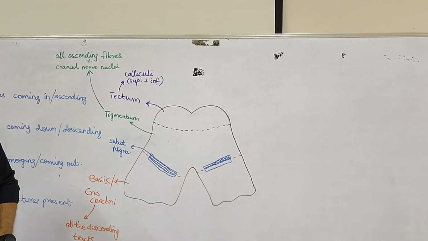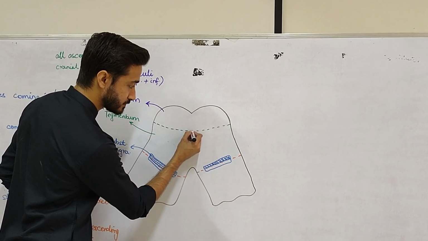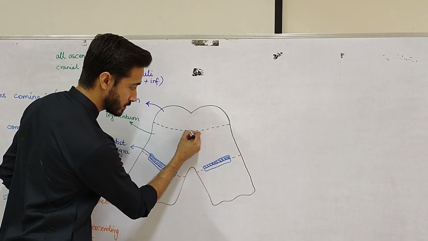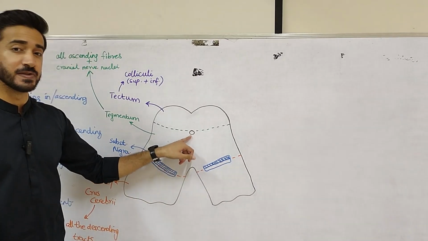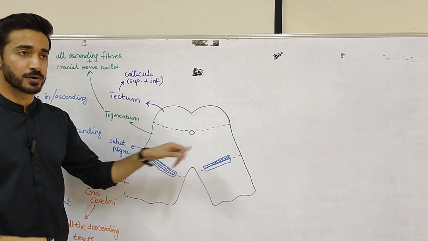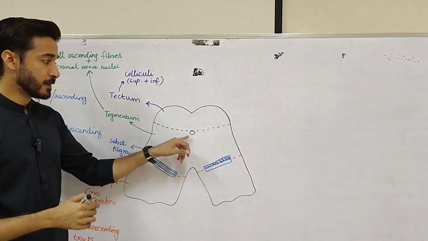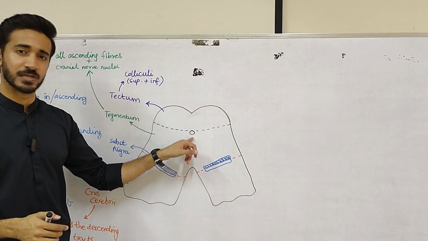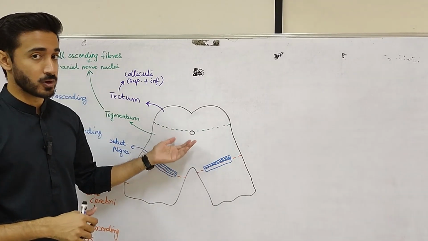And then the second structure that you're going to draw over here is going to be a structure towards the center, and this is the cerebral aqueduct, or in previous books or in previous times it was called the cerebral duct of Sylvius or the cerebral aqueduct of Sylvius, but we don't call it that now.